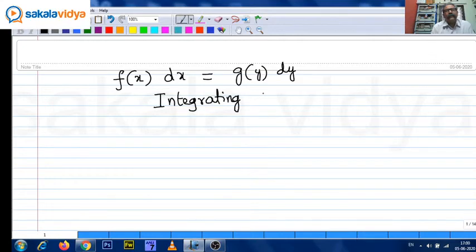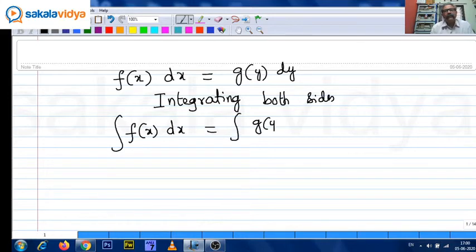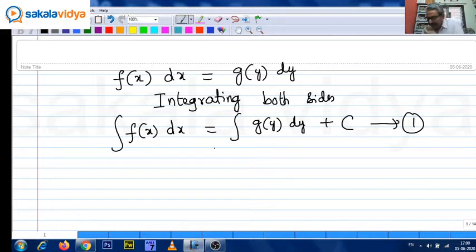Integrating both sides, we get integral f of x dx equals integral g of y dy plus constant of integration. This is the solution of the differential equation. We can solve in this way, variable separable.